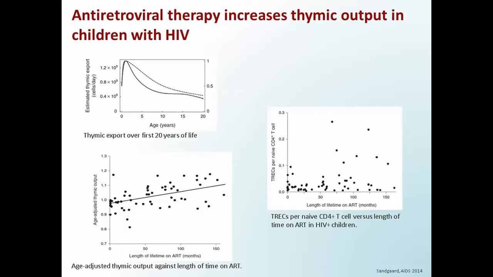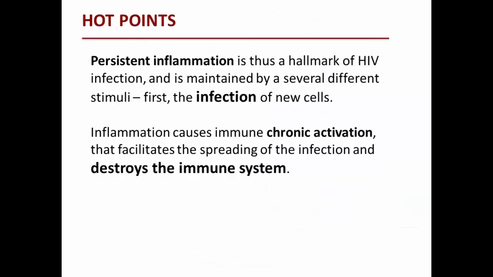And these data were confirmed many years later by a group in France. In 2014, it was shown that the antiretroviral therapy can increase the amount of TREC-positive cells in the blood. So it means that measuring TREC is important to understand how the immune reconstitution occurs in patients.